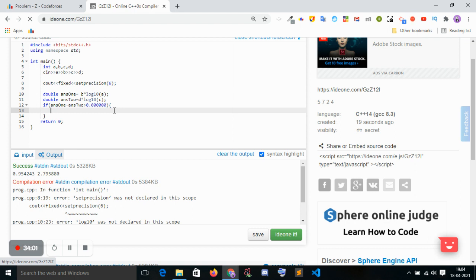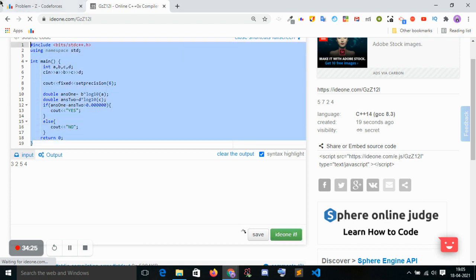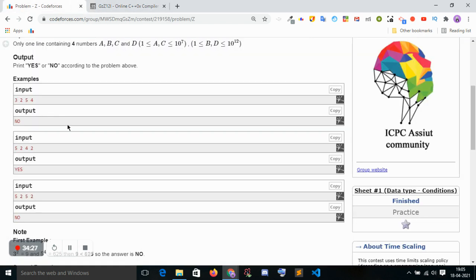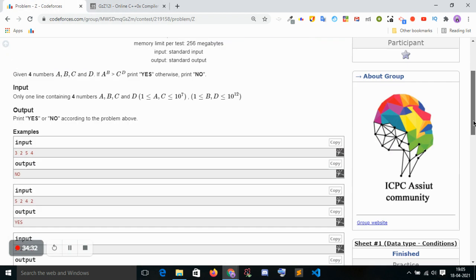And if it is so, cout yes, else cout no. It should be no. So we'll just submit the code.